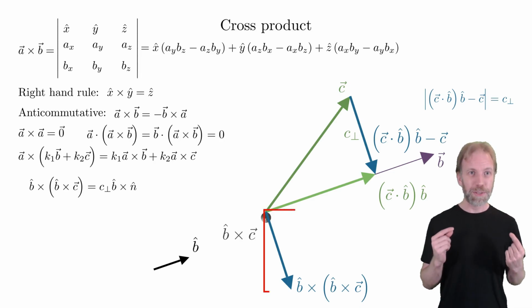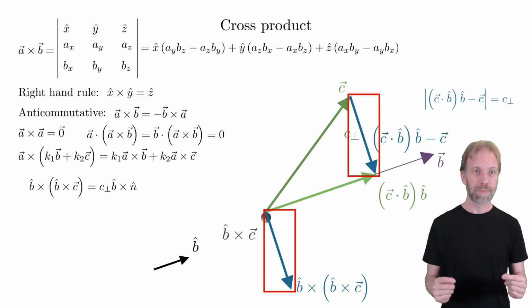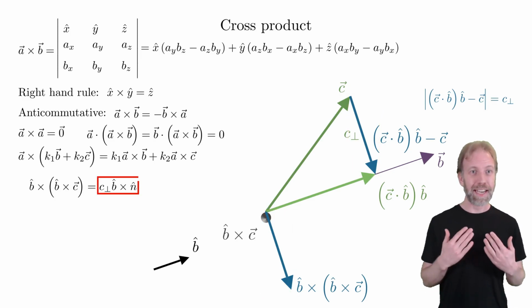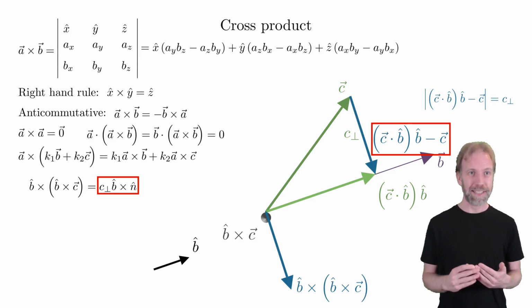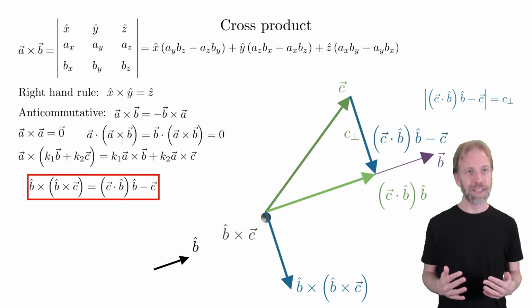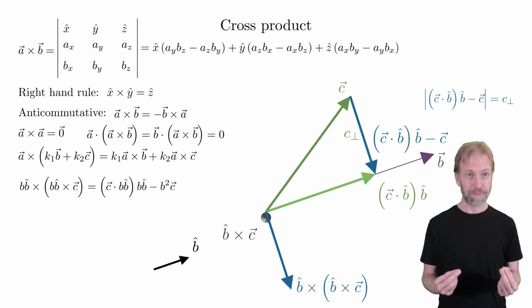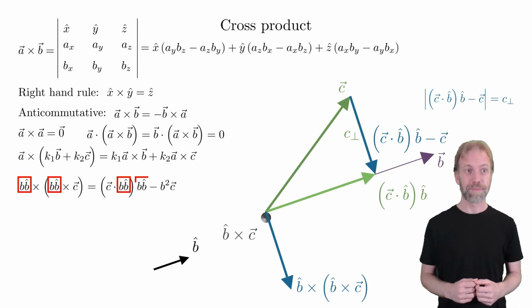Hence, these two vectors will now be the same. This means that we can identify the right-hand side as the c perpendicular vector in the figure. As we don't want to be limited to unit vectors, we can multiply both sides with the length b squared, and use that b hat times the length b is the vector b.